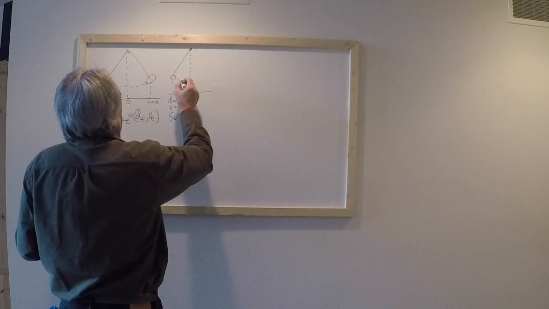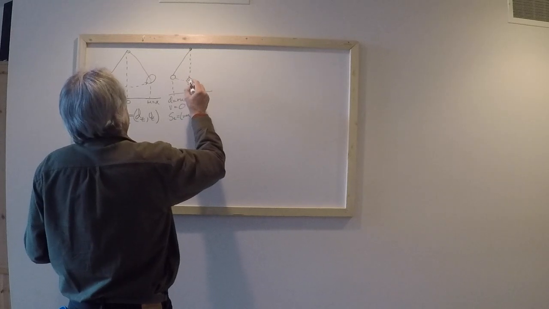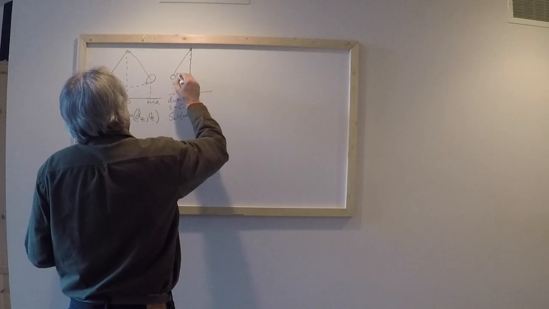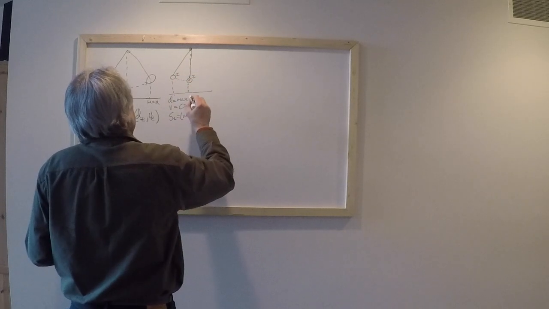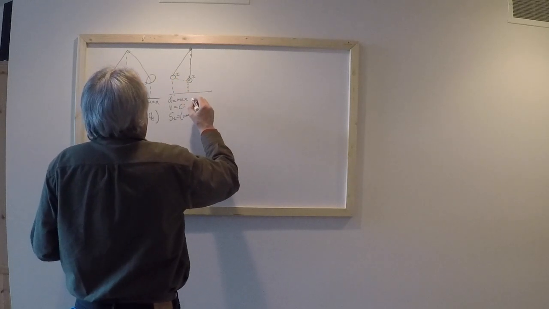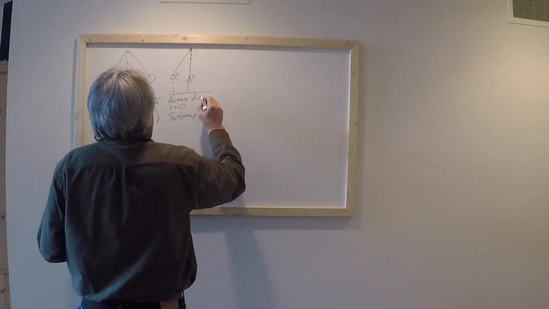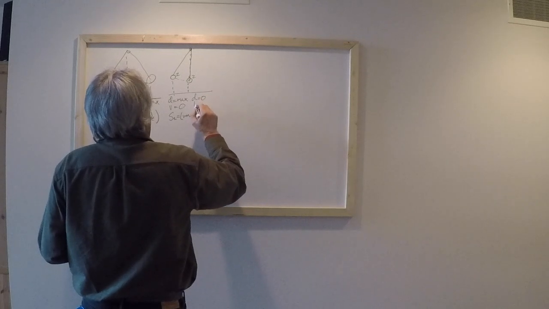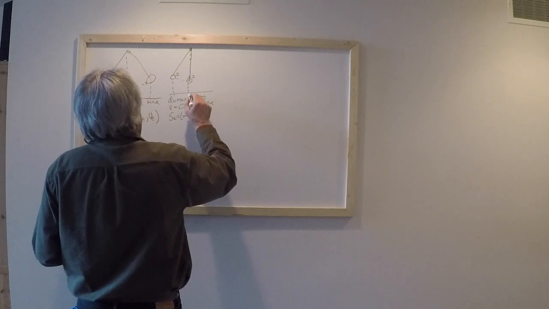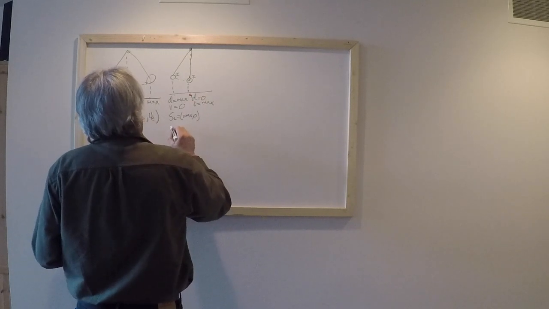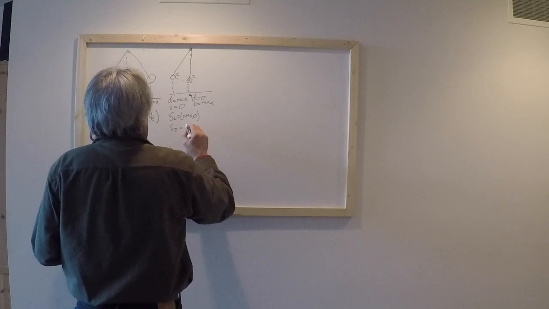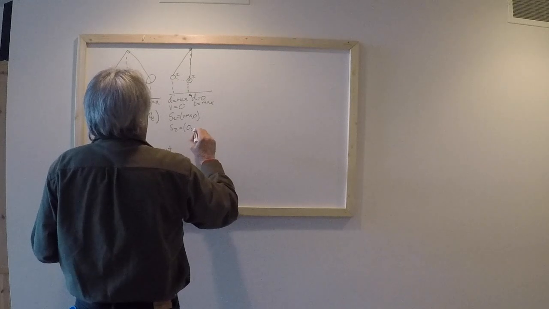Then we let it go. And at this point, this is time 1. At time 2, d is equal to 0, and v is equal to velocity max. So that's here. So the state at time 2 is 0, max.